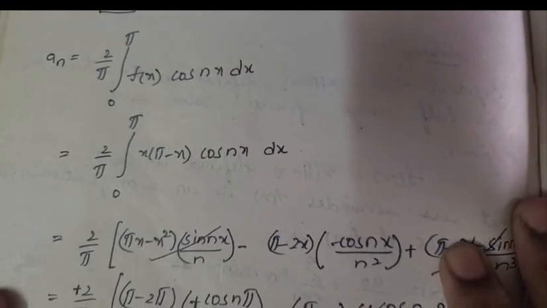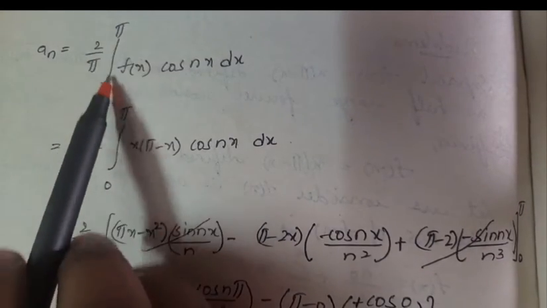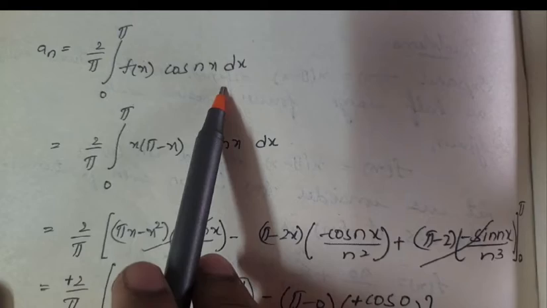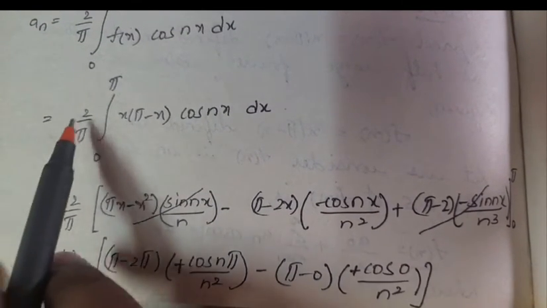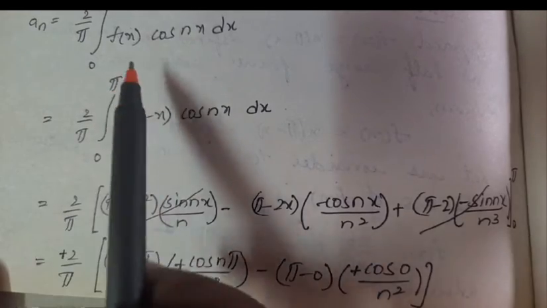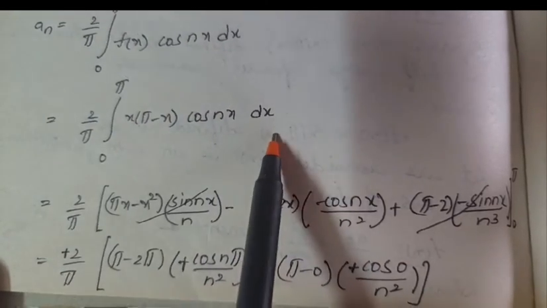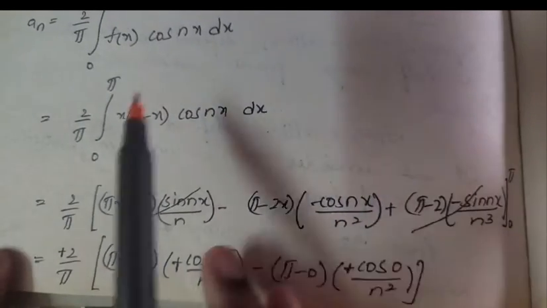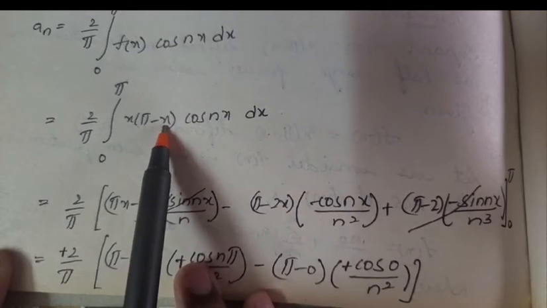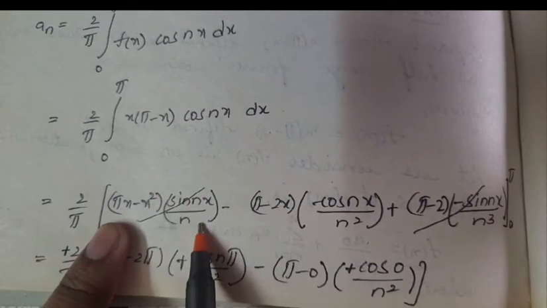Now we are going to find the value of an. an is equal to 2 by pi integral 0 to pi f of x cos nx. So 2 by pi integral 0 to pi, f of x is x into pi minus x, cos nx. So 2 by pi, this is pi x minus x square as u, into integral of v.